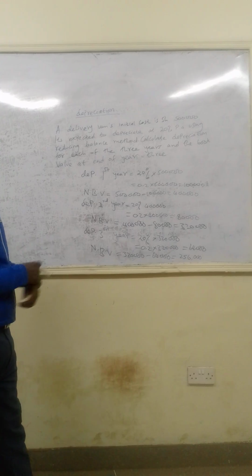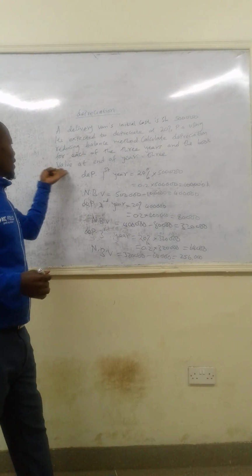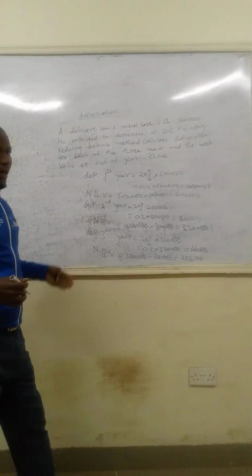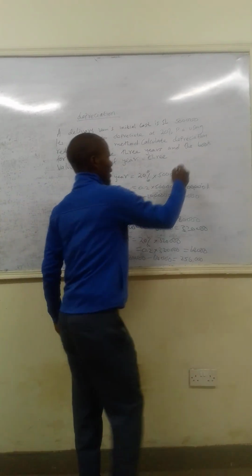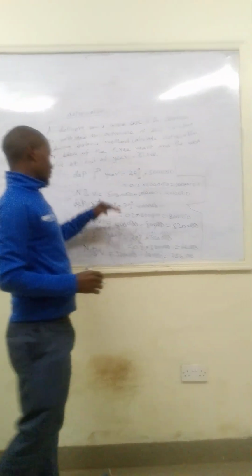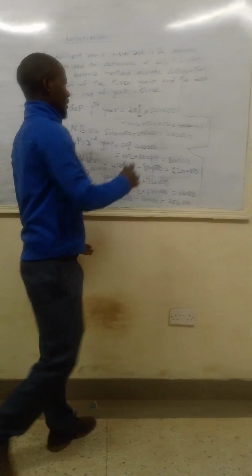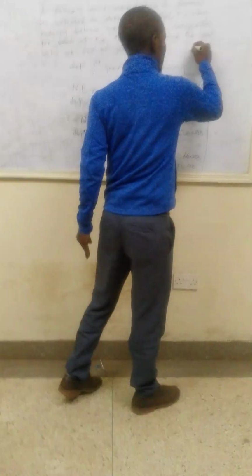So we are going to get the depreciation charge for each of the 3 years and the book value at the end of the third year. So after we get that, we have gotten the depreciation for the first year, second year, third year. So you can get the total depreciation.